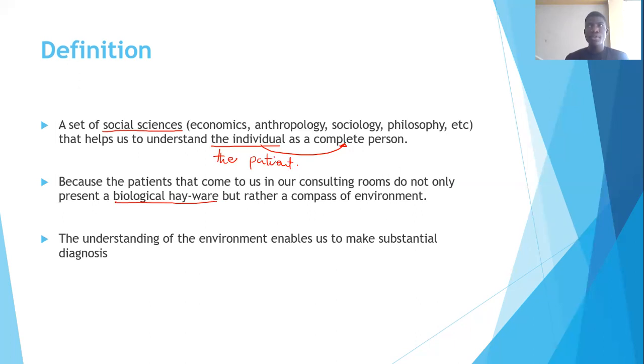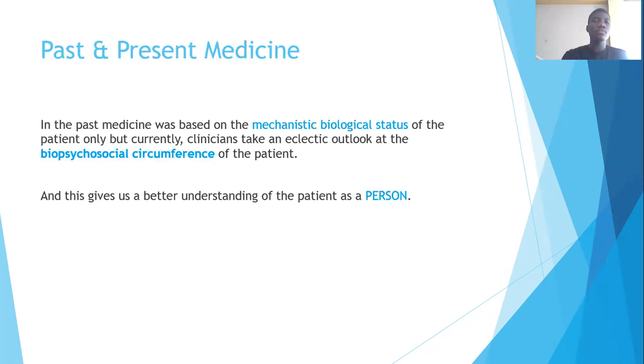Being able to understand their environmental surroundings helps you to make substantial diagnoses. So this course aims to help us understand and appreciate the individual as a complete person, to be able to make substantial diagnoses and also to tailor our prescriptions to benefit everyone.